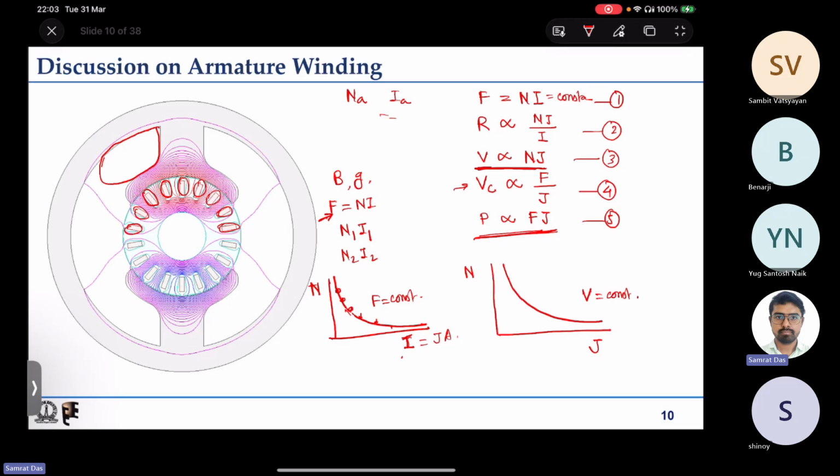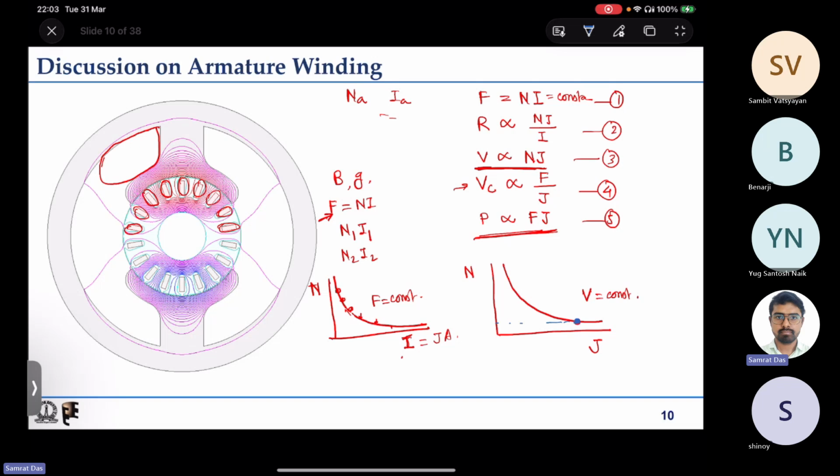For a fixed voltage available to us, if we go towards higher current density, say this point, with a low number of turns, then the fifth equation tells us that we will end up with higher losses.